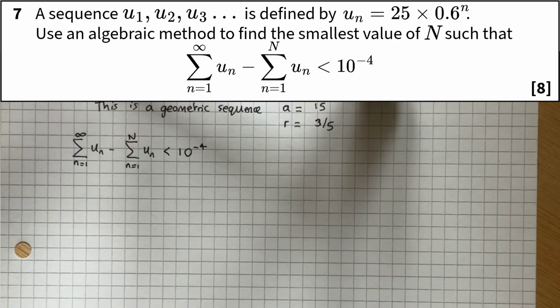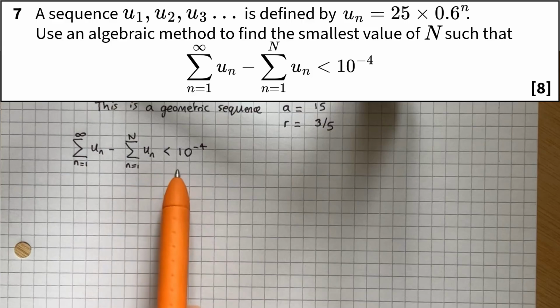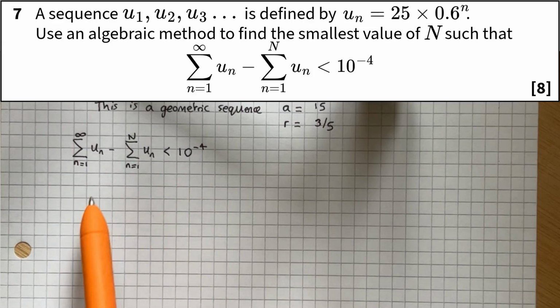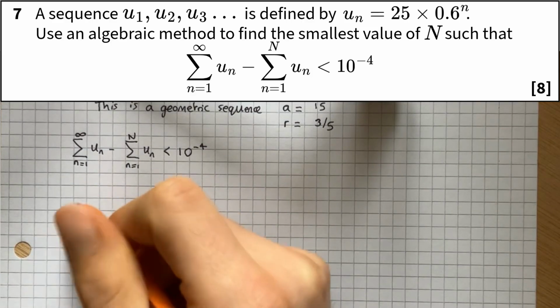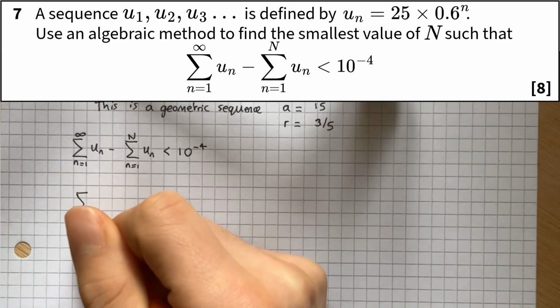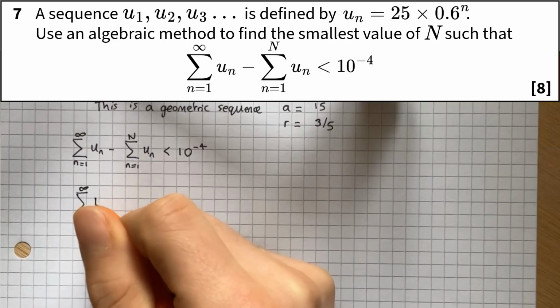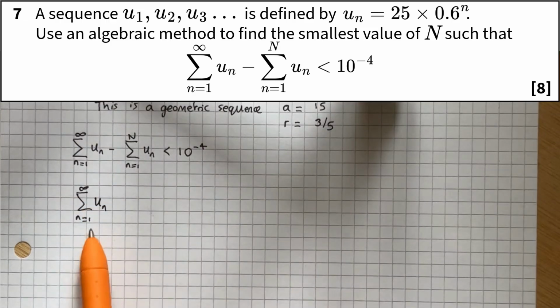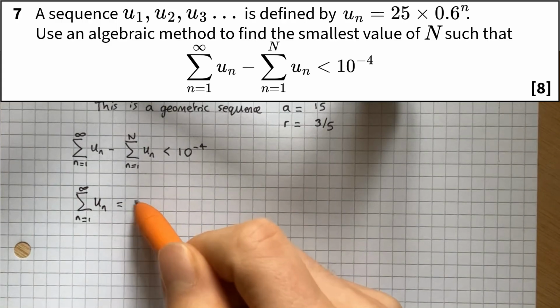Now we've got more of an idea of what the sequence is, let's work out what the next part of the question is asking. We've got 3 parts: 1 summation, 2 summations, and then an inequality. Let's take the first summation and see if we can work out what it is. So this is from 1 to infinity, and you have to translate that into S infinity.